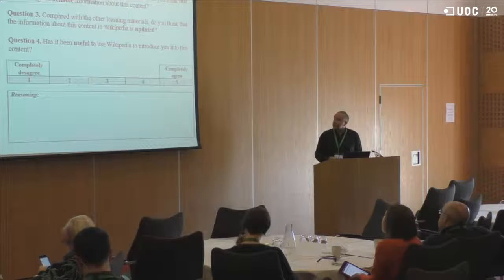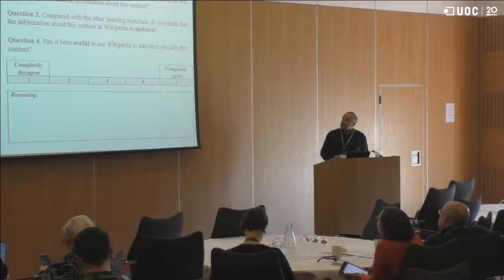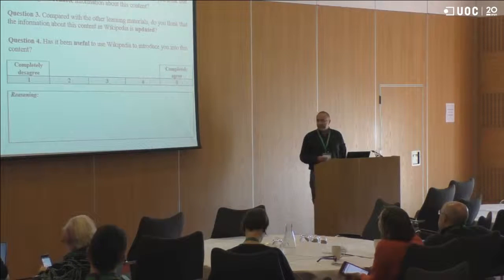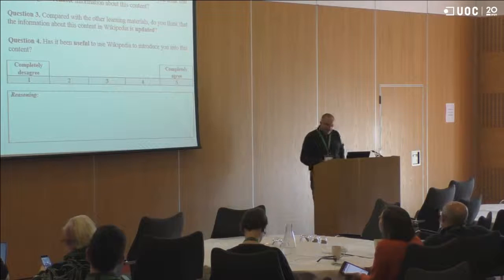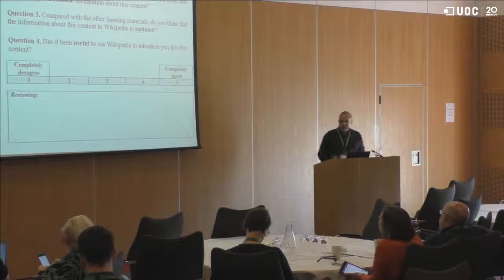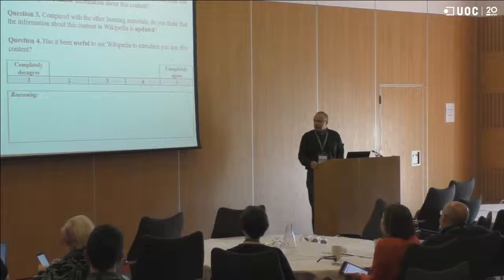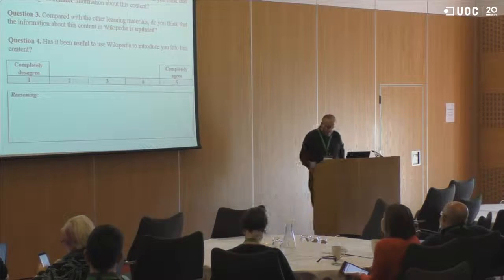We ask the students to give their perception about the completeness of Wikipedia and the reliability of Wikipedia. We ask them if they consider that Wikipedia is updated, and also if it has been useful in their courses. They have to give a value from 1 to 5, ranging from completely disagree to completely agree, and then they also have to give evidences of the answer.